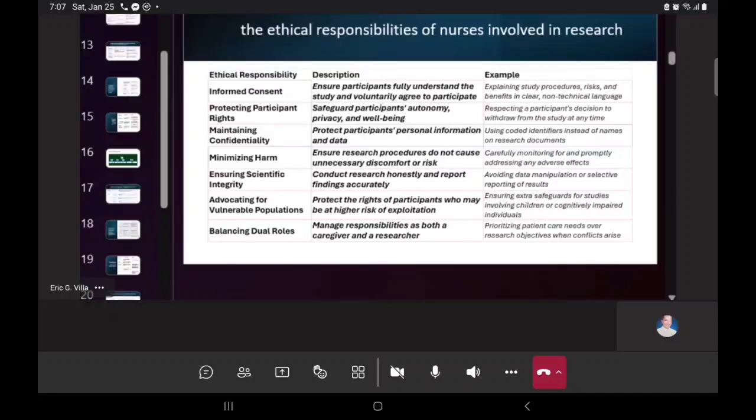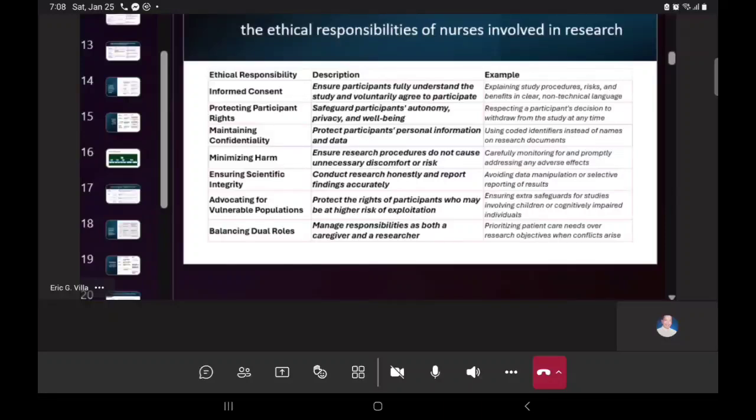Ensuring scientific integrity is also important for the validity and reliability of research. Nurses must conduct research honestly, avoid data manipulation, and report findings accurately, even if the results are not what was expected or desired.